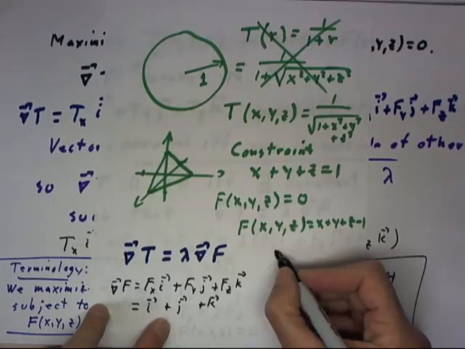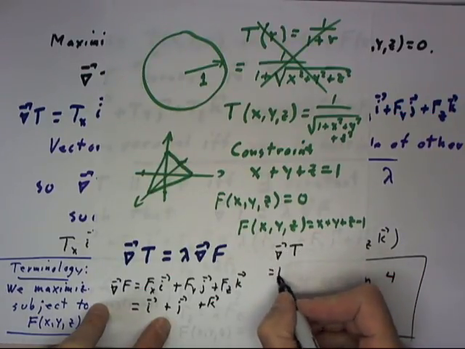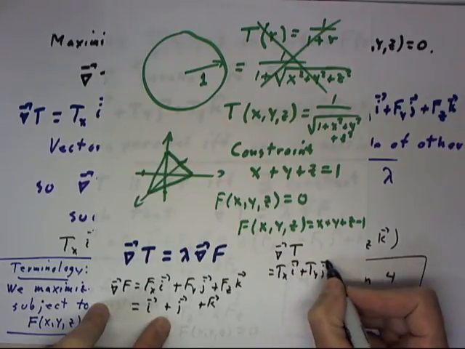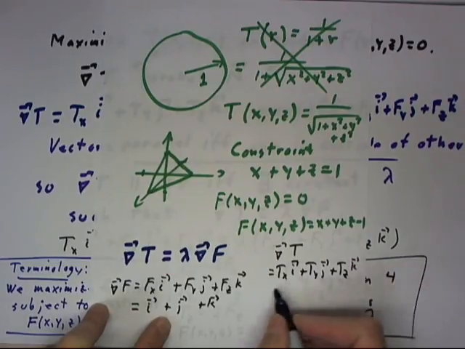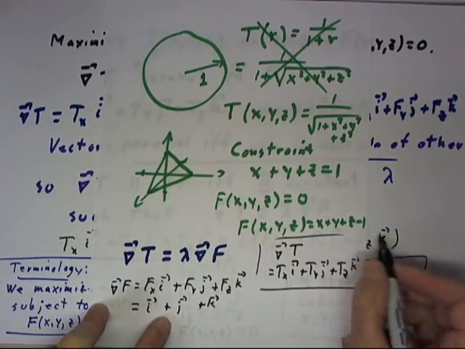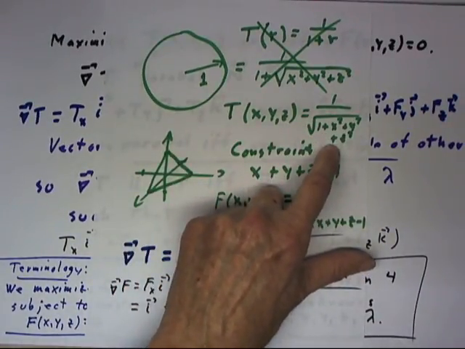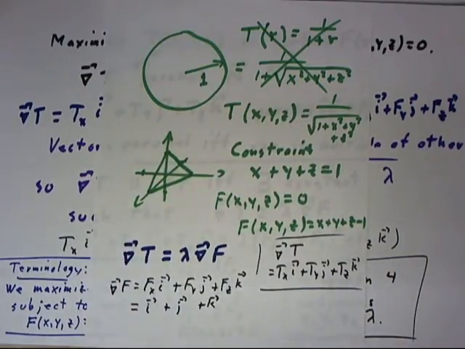Now del t is tx i plus ty j plus tz k. Now x, y, and z all appear in the same form in this denominator.